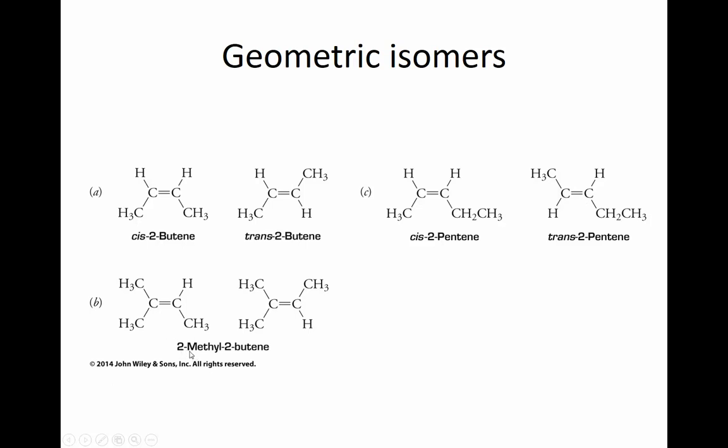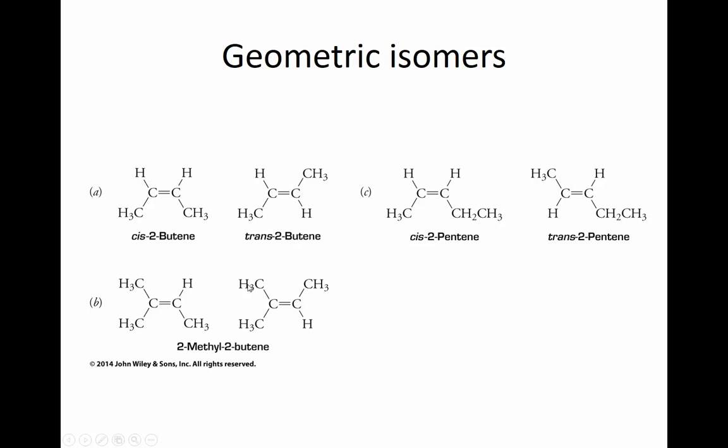And here we have 2-methyl-2-butene. Can it be called cis or trans? No, it cannot. Why can't it? Well, here we have CH3s coming off both of the bonds on this carbon that are attached to the double bond of the other carbon. So you have a CH3 here and a CH3 here. Same with here, CH3, CH3. And we can have this CH3 on the bottom or the top, but we can't really say cis or trans because there's always going to be a CH3 here.